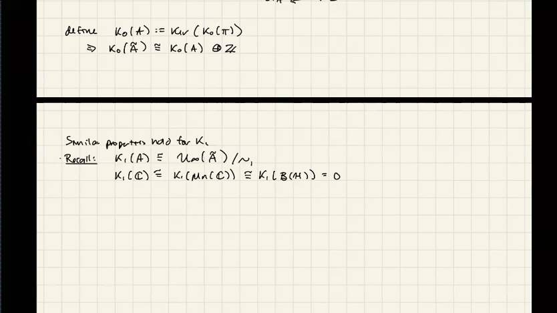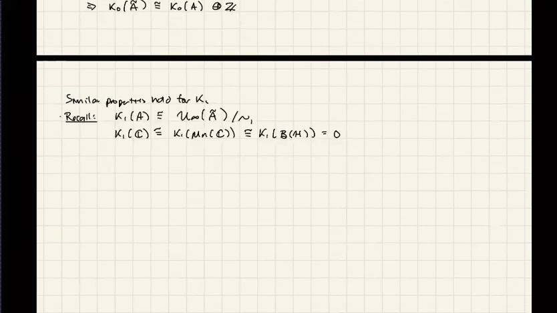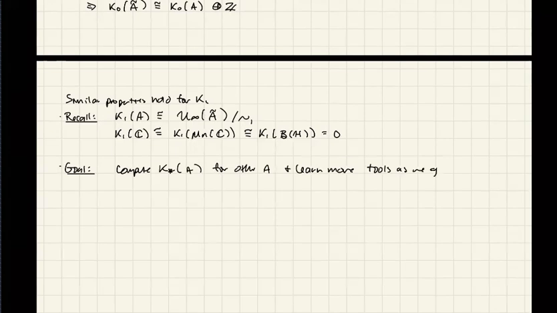The other ones that we are going to consider today, we need some more tools. But the goal of the rest of this talk is to compute K-theory groups for other examples. And we'll also learn more tools as we go. Okay.